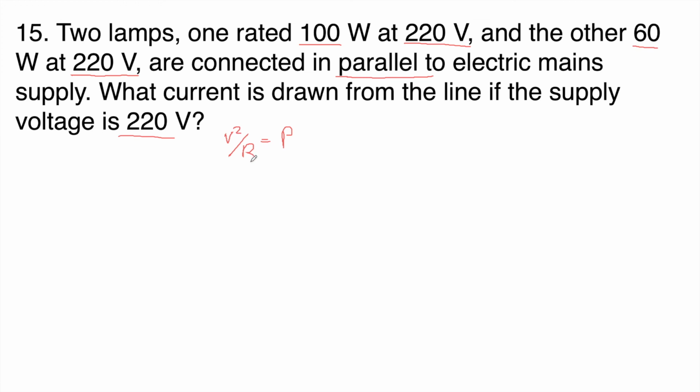That is not a wrong method, but it is better to use the formula power is equal to voltage into current. That means P is equal to VI. Power is given here, voltage also is given here. Then the current we can find out very easily.